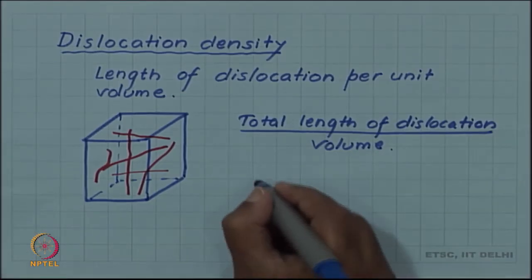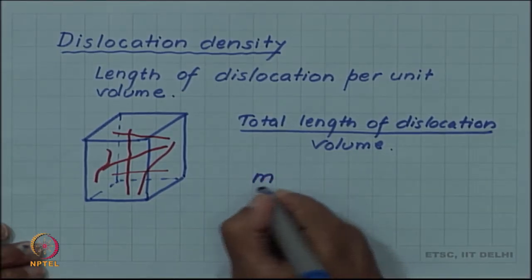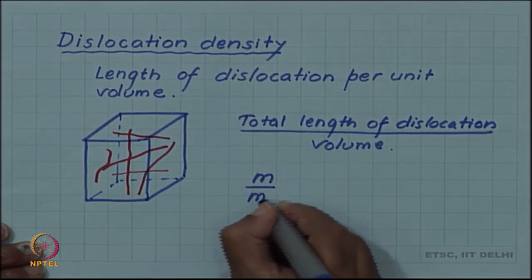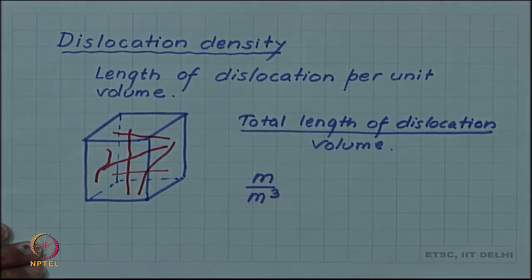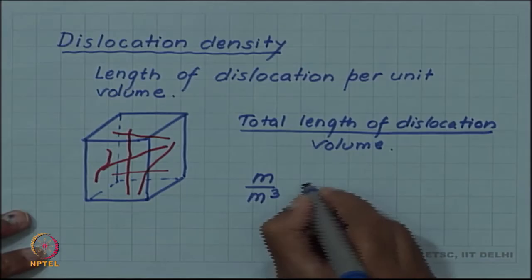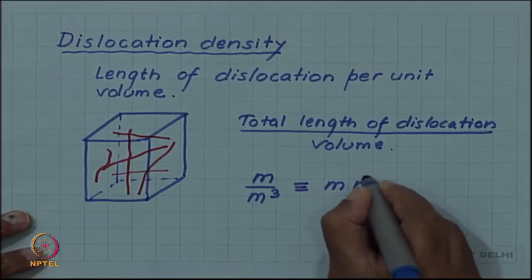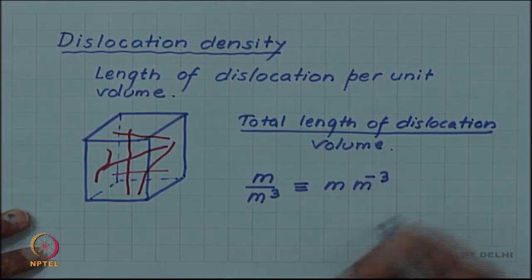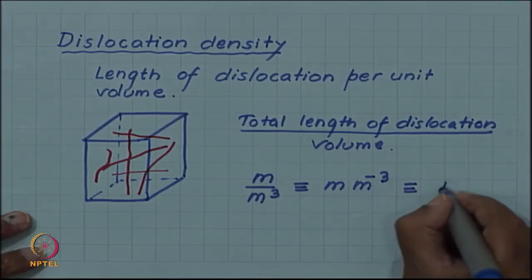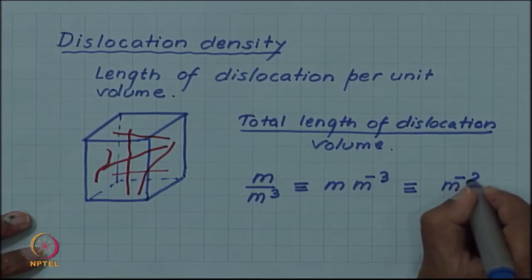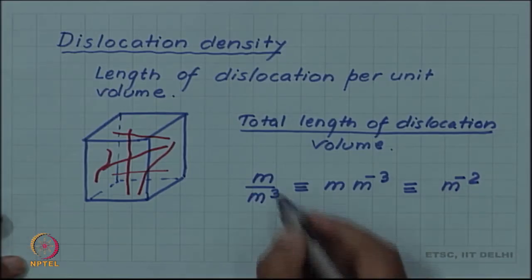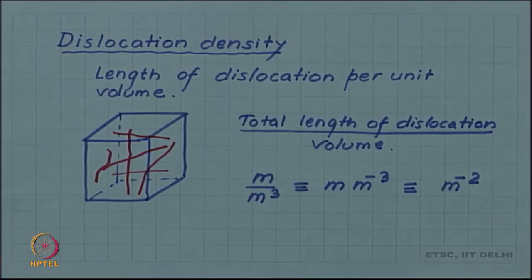Its unit of course will be meter divided by meter cube. So, sometimes it is written as meter per meter cube or sometimes even simply as per meter square, cancelling 1 meter from numerator and denominator, you can write it simply as per meter square.